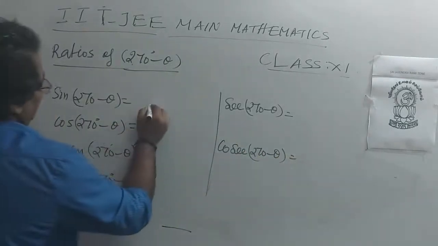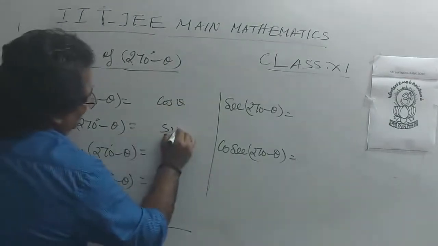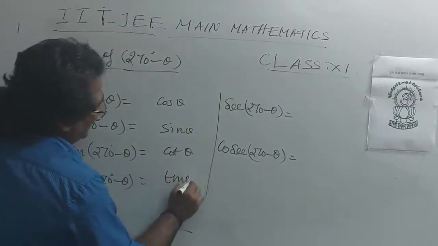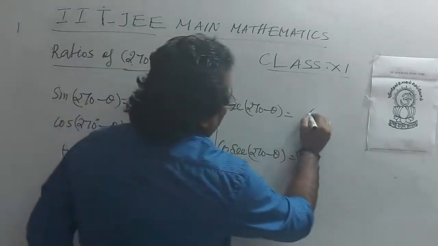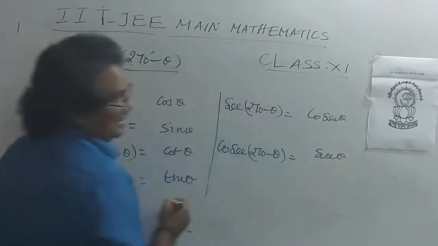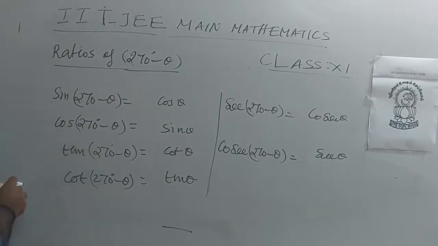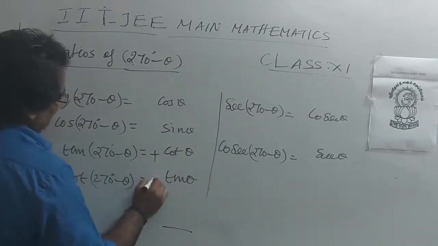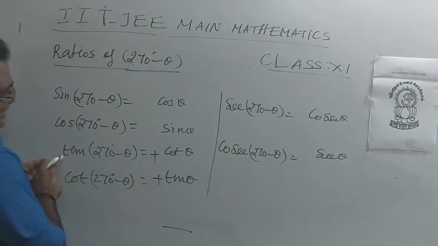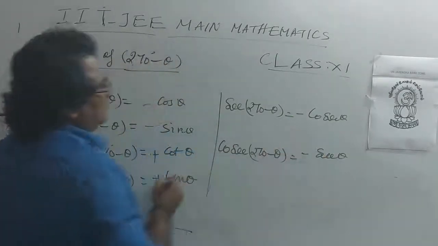Sin 270 minus theta, that is cos theta. Sin will change into cos, cos will change into sin, tan will change into cot, cot into tan, secant into cosecant, cosecant into secant. But this is third quadrant. In third quadrant, tan will be plus, cot will be plus. You should not see the right hand side. You have to look at the left hand side. For tan positive, for cot positive, remaining will be negative.